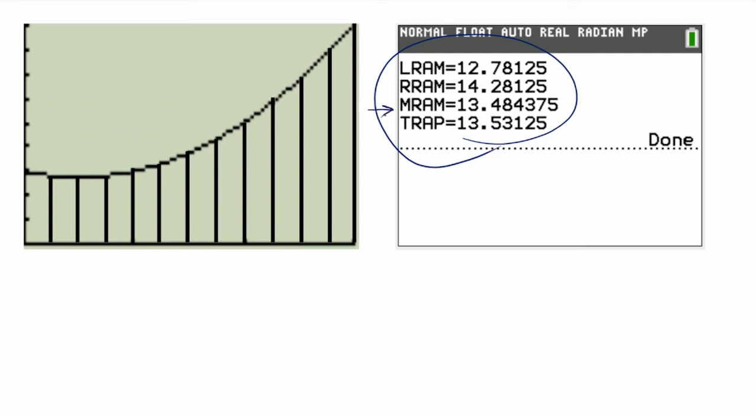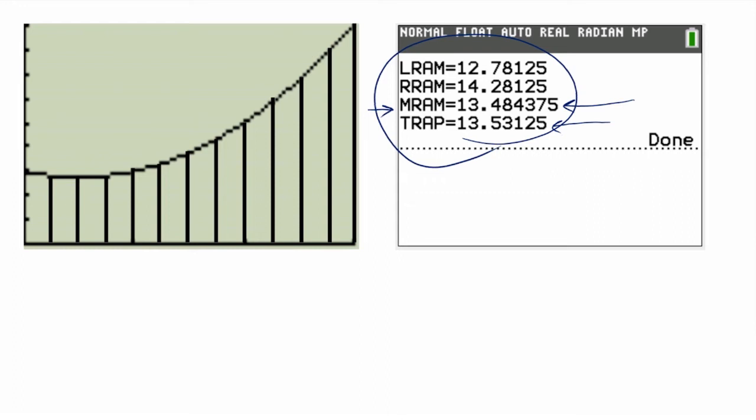So as you can see, by pencil and paper we came up with 13.5, and as the calculator shows you, it should be about that, and it is 13.484375. The one labeled trap, for trapezoid, is a future section coming up on using trapezoids to approximate the area under a curve of a function.